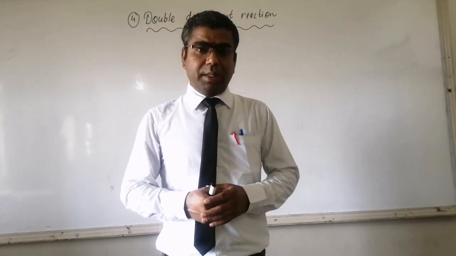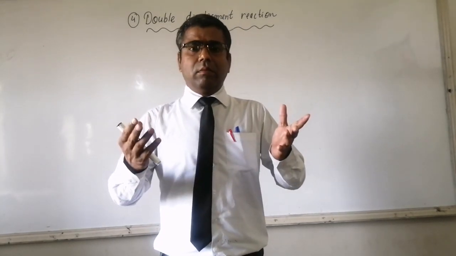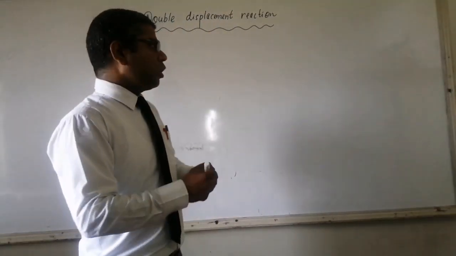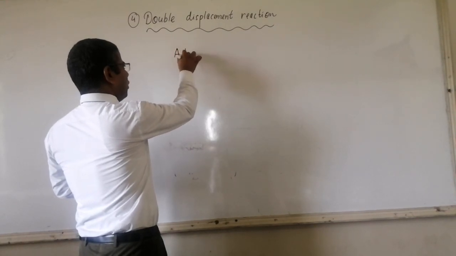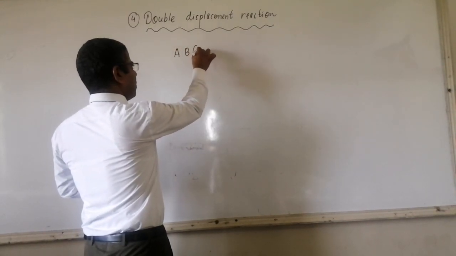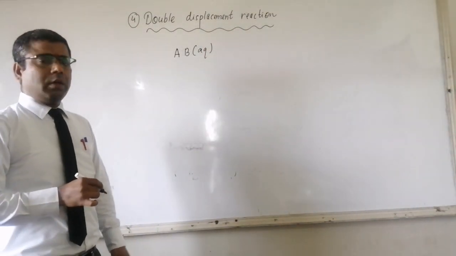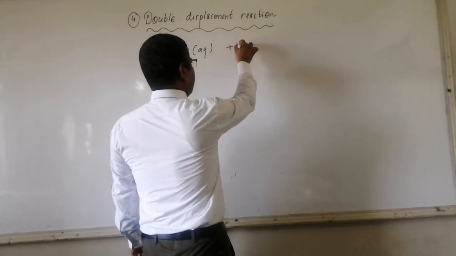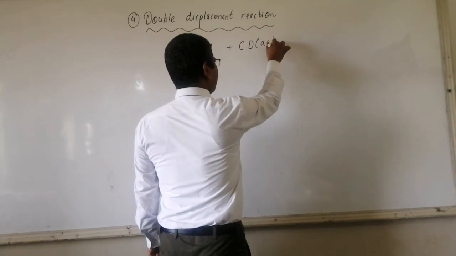Now the general representation, then we will define double displacement reaction. So suppose there are two solutions of ionic compound. Solution first is of AB and solution second is of CD.